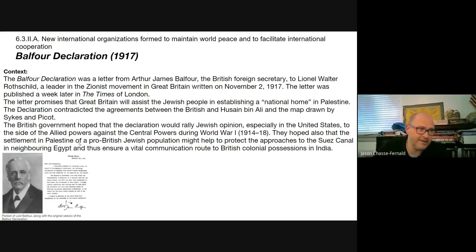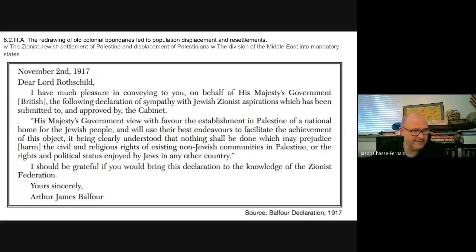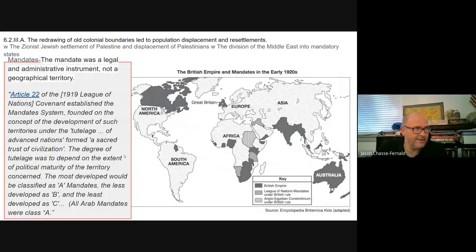So you started to see more and more migration into Palestine, and you're going to see the Balfour Declaration be promised. And here's a copy of it. So when we start talking about Israel eventually being created, the roots of that go back to this moment, and the establishment of the Palestinian Mandate by the British.